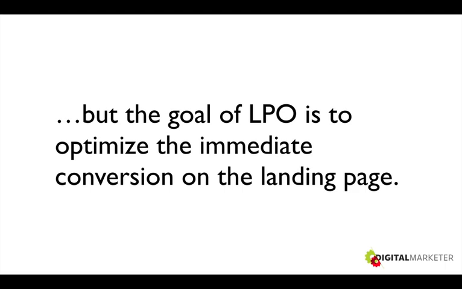In this case, both the short-term and the long-term goal from a landing page optimization perspective are all about getting people to take the desired action on the landing page, whether that be a click through, filling out a form, actually purchasing something, or generating a lead. You can have further long-term goals, or maybe it's a click through page that you're trying to use to get them into your funnel, but landing page optimization is really about making sure your landing page is as optimized as possible.